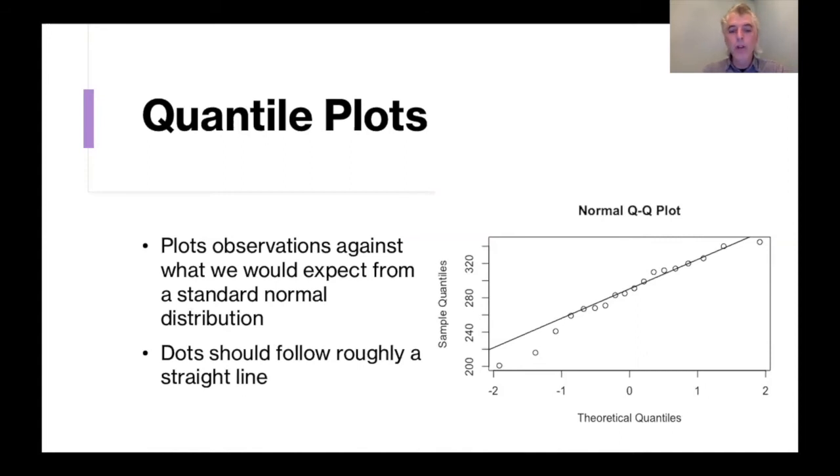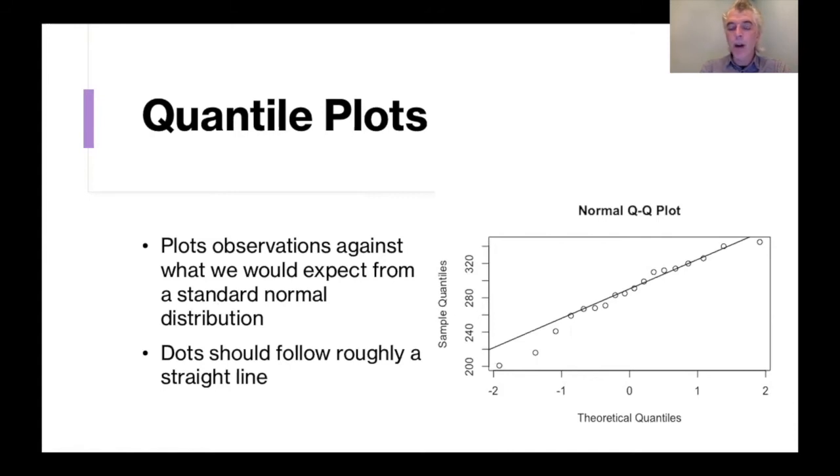Another tool that we can use to visualize our data and assess whether or not they are normally distributed is what's called a quantile plot. In a quantile plot, we simply plot our observations against the theoretical expectations of what we would expect for each observation if they were in fact normally distributed following our standard normal distribution with a mean of 0 and a standard deviation of 1.